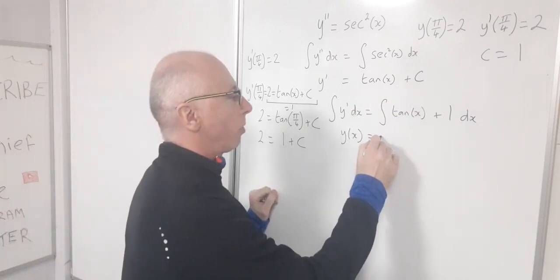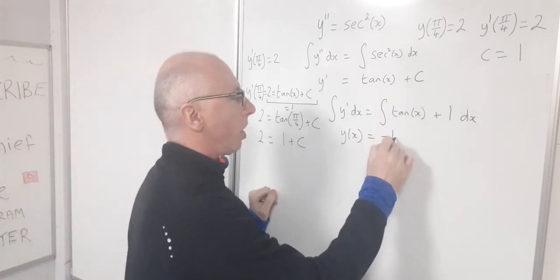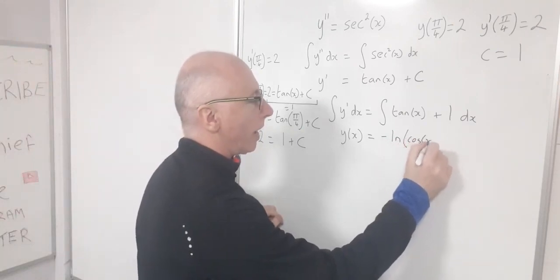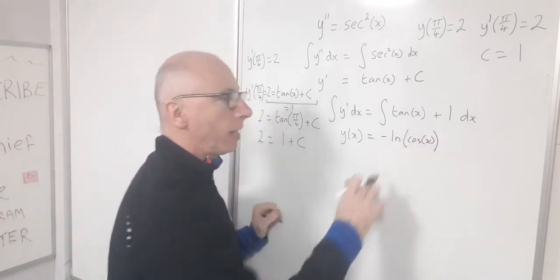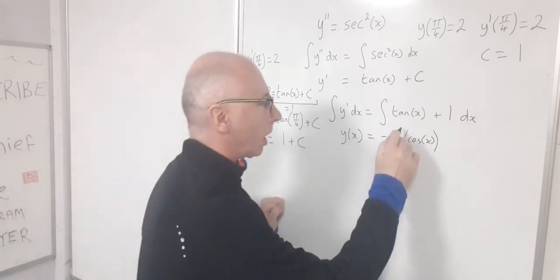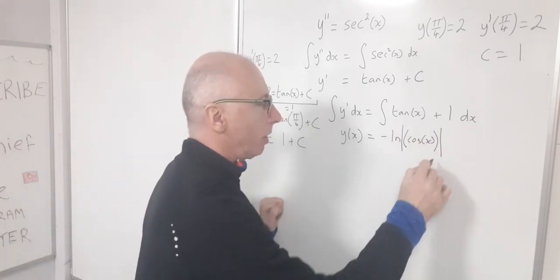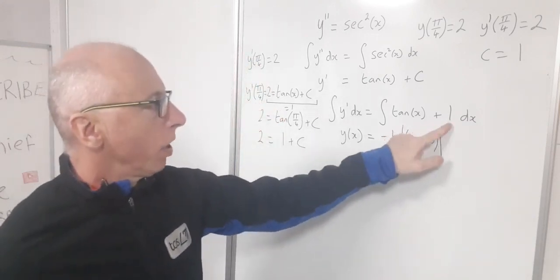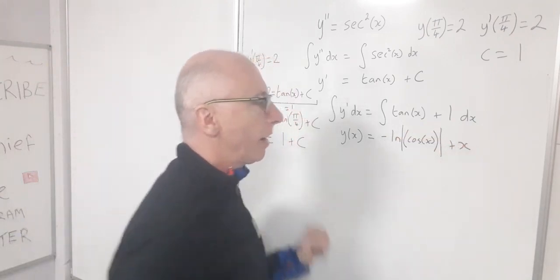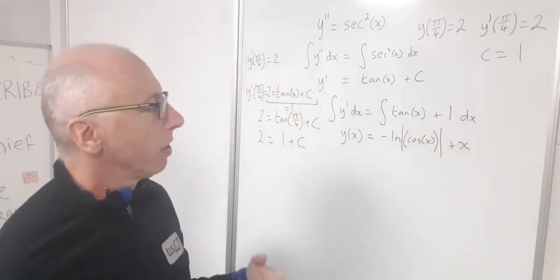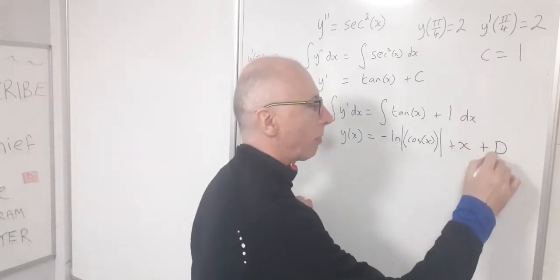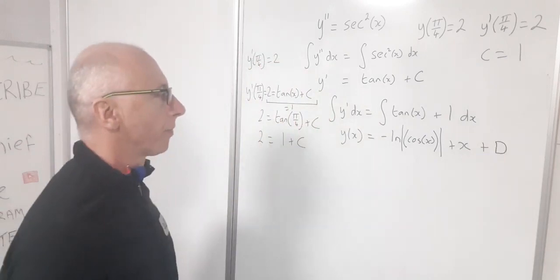So this one here will give me negative natural log cosine of x. Now, as I'm dealing with natural log, to try and keep my domain as wide as possible, I'm going to give this an absolute value, and then plus 1, integrate that with regards to x, just gives me x. And then I need another constant of integration. So I've used a c already, so now I'm going to use d. So don't fall into the trap of putting c twice.